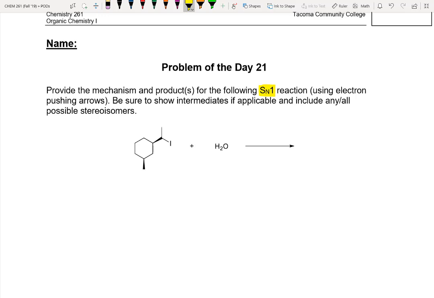All right. After the leaving group falls off, we get an intermediate, right? That intermediate is a carbocation. What could happen with a carbocation? Rearrangement. So that's my hint. Watch out for rearrangements.